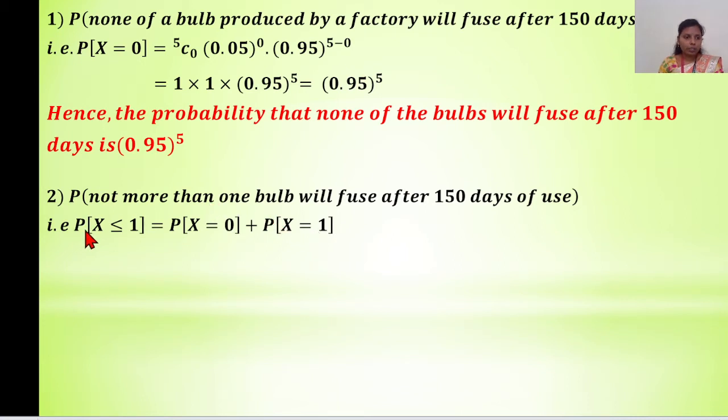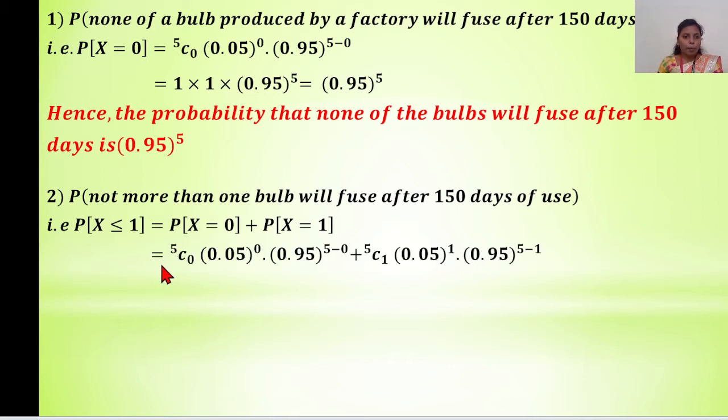That is probability of x less than or equal to 1 is equal to probability of x equal to 0 plus probability of x equal to 1. That is equal to, by using the formula nCx P raised to x into Q raised to n minus x, here we put the value of n equal to 5, value of P equal to 0.05 and value of Q equal to 0.95.